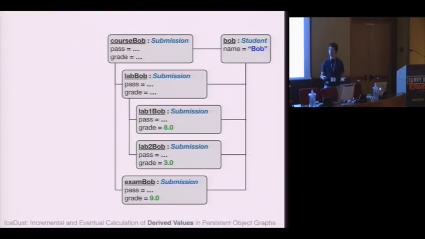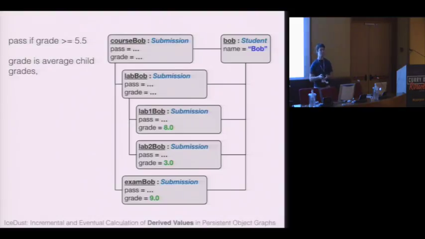If you want to compute these things, for example, whether Bob actually passed the course or what kind of grade he got for the course, we need calculation rules. The first rule that we specify is that somebody passes if his grade is higher than the minimum grade. That's of course kind of logical for a university. For the collection submissions, we say the grade is the average of the child grades.